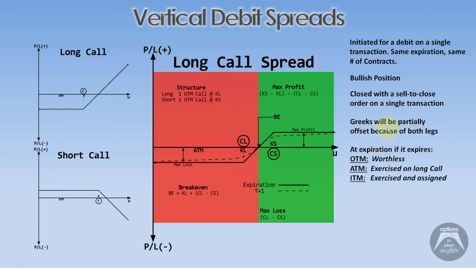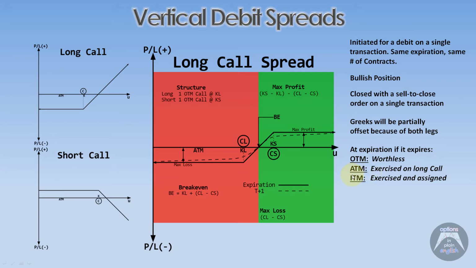At expiration, the whole spread, if it expires out of the money, it'll be worthless and you are going to have your whole investment as a loss. If it's at the money, and for a spread, being at the money means that the price is here in between, so there's going to be one in the money and another one out of the money.